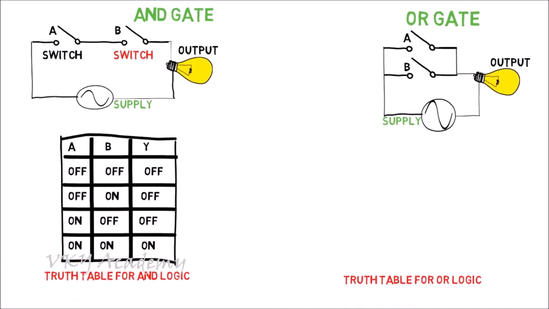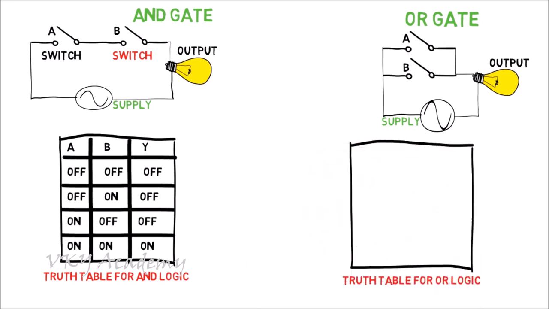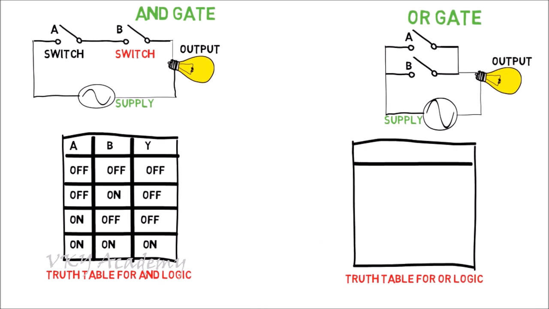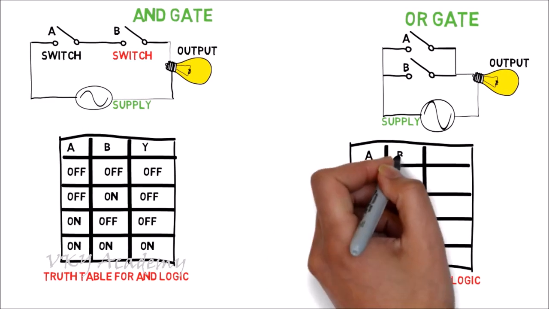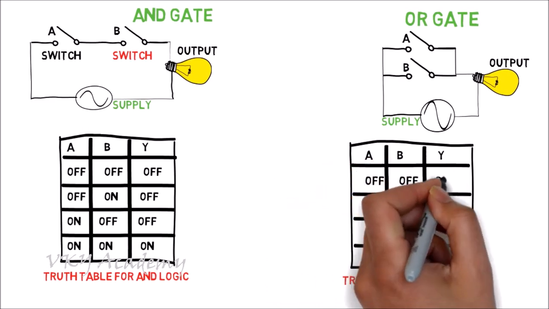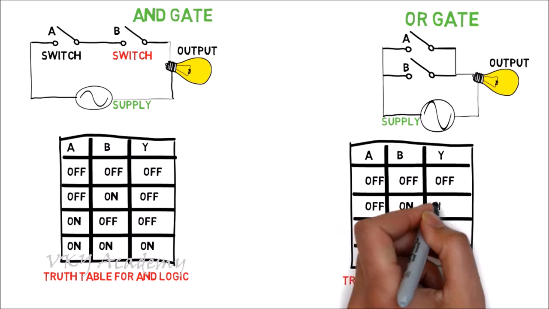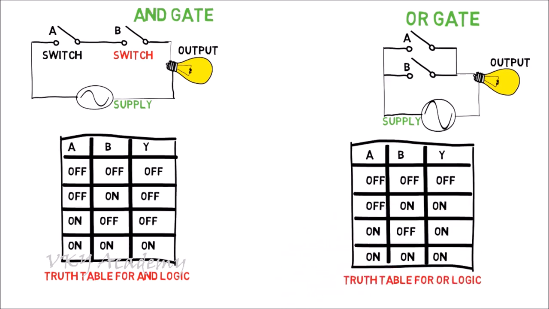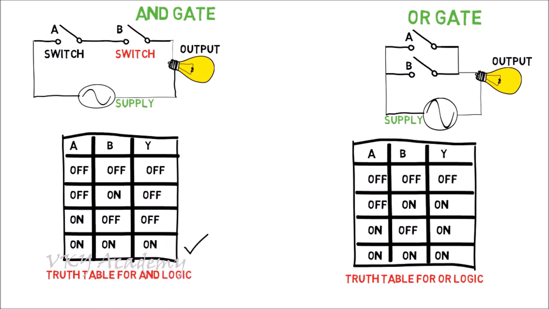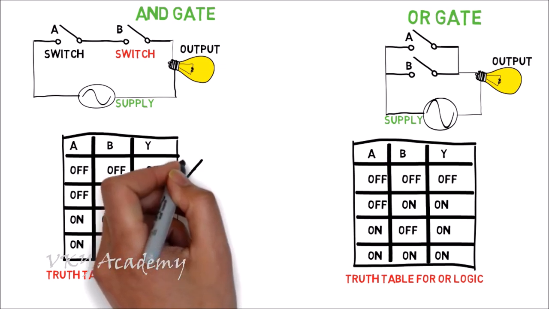Similarly, the truth table for OR gate: the two inputs are A and B, and the output is Y. Again, 0, 0 output is 0, 0, 1 output is 1, 1, 0 output is 1, 1, 1 output is 1. Now you can see here, for the AND gate, if both the inputs are 1, then output is 1.